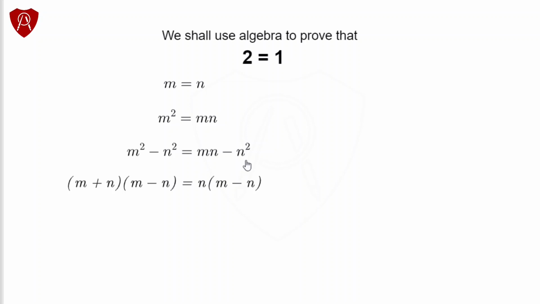On the right-hand side, again, we note n is common to both terms, and we can factorize n, take it outside the brackets, and we have (m minus n) inside the brackets.